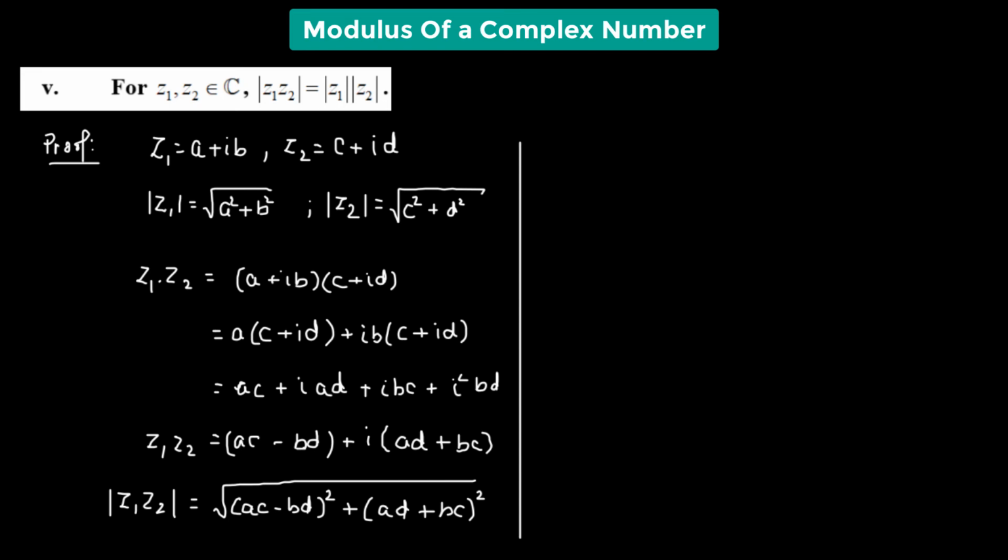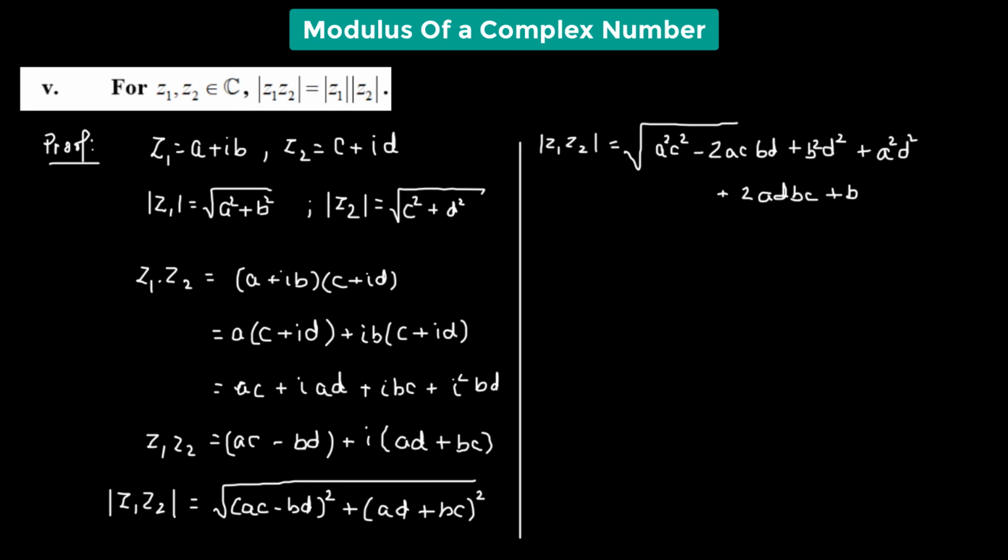So we have the absolute value of z1 times z2 is equal to the square root of A squared C squared minus 2 times ACBD plus B squared D squared plus A squared D squared plus 2 times ADBC plus B squared C squared.